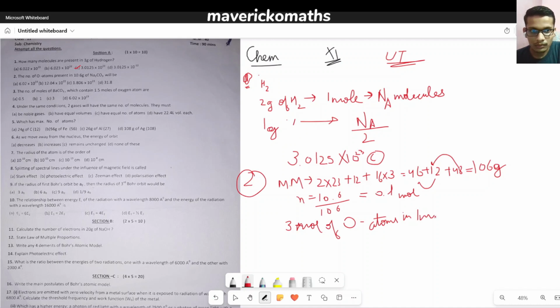But here in the given it is 0.1 mole, so 0.1 mole of Na2CO3 will give us 0.3 moles of oxygen atoms.